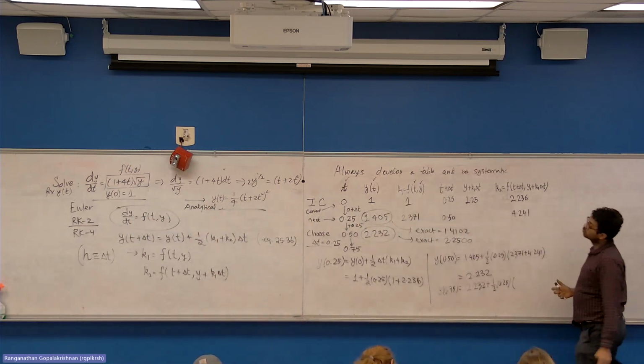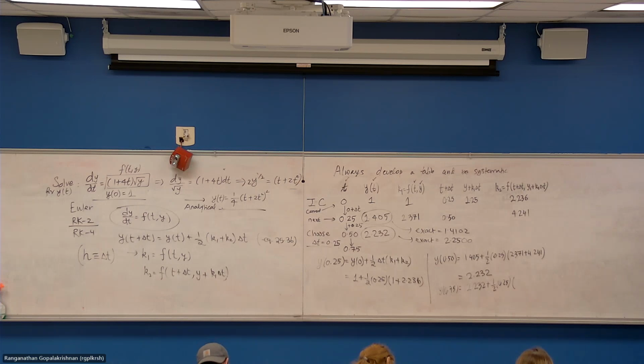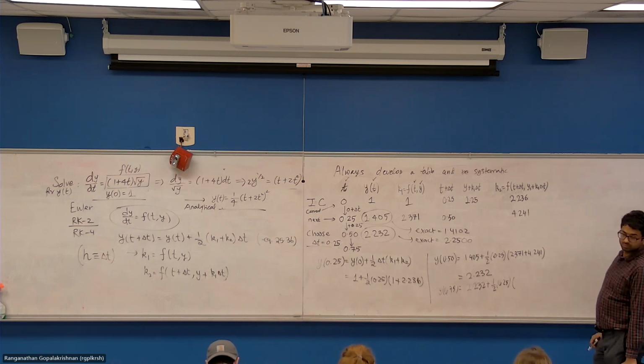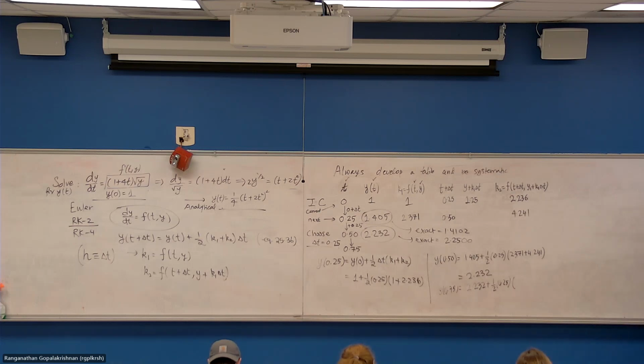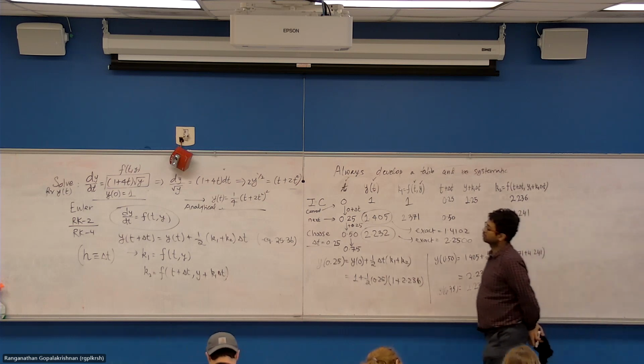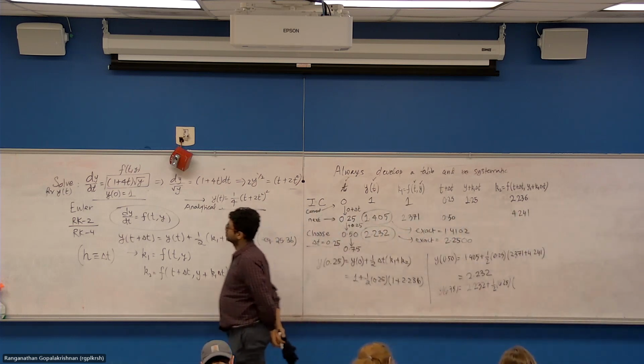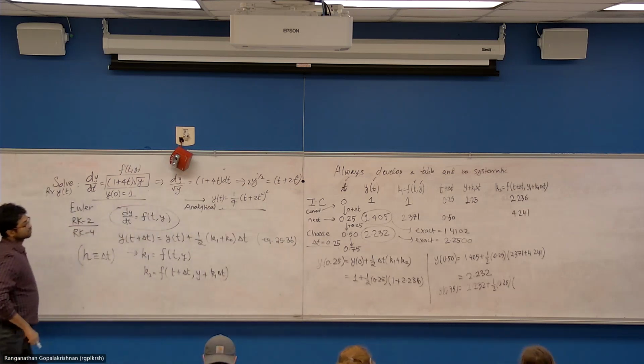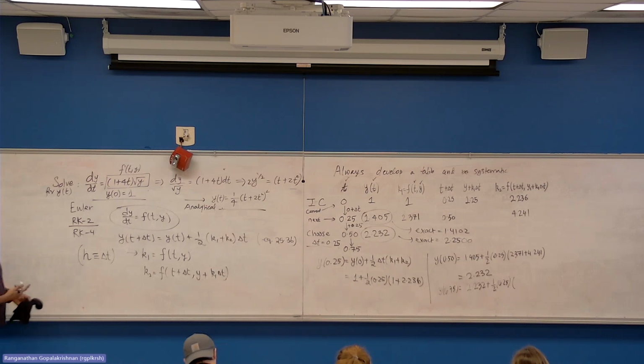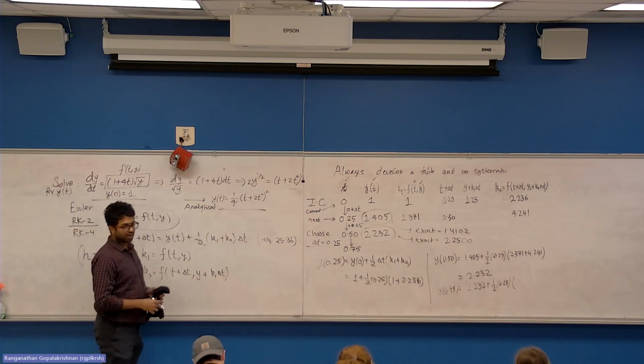K1, K2 at 0.75. After this, we are going to switch to Excel and learn RK4, okay?